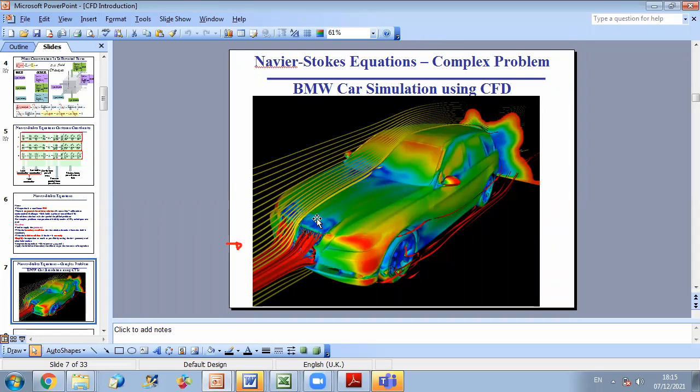Let's say you are interested in reducing drag force, what is the design, what is the curvature that can reduce drag, etc. So computational fluid dynamics will permit you to calculate drag forces, lift forces, and find the coefficients that are of interest to you.